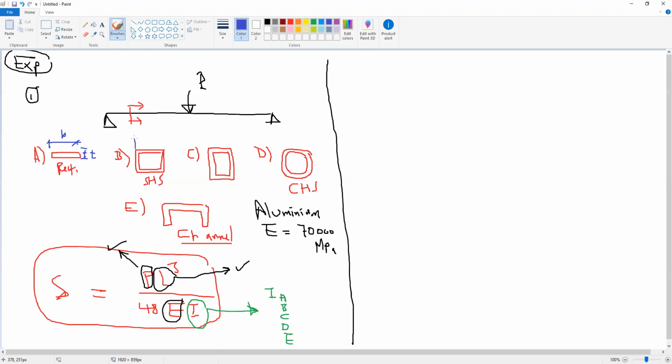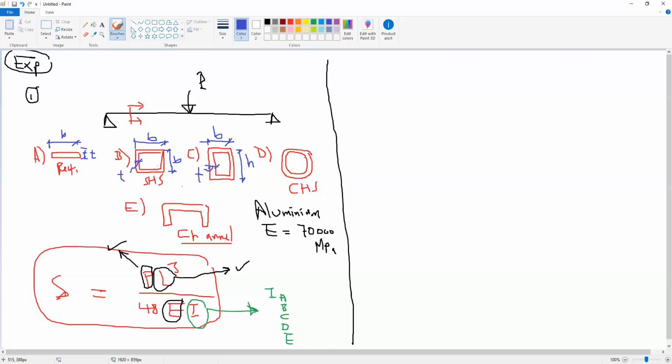Here as well, you have this square. So this is b, and you can find the thickness t. Okay, the width is b, the height is h, and the thickness is t.